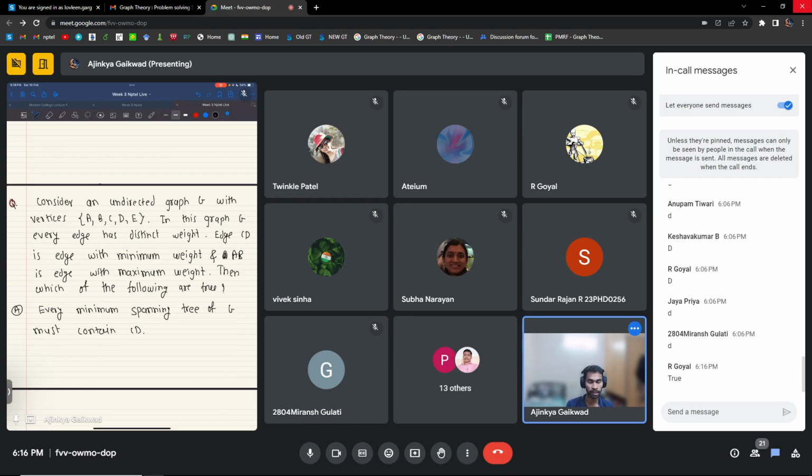Second, this edge CD is the edge with minimum weight, and we are also given that AB is the edge with maximum weight. Now the question is, is it true that every minimum spanning tree of G must always contain CD? So you can think for a minute.